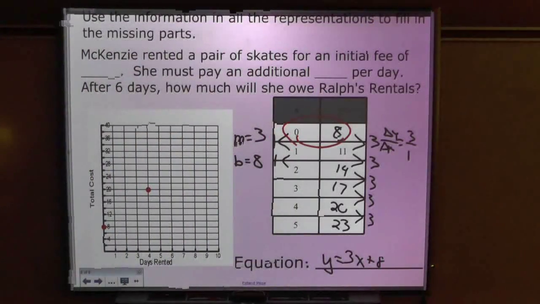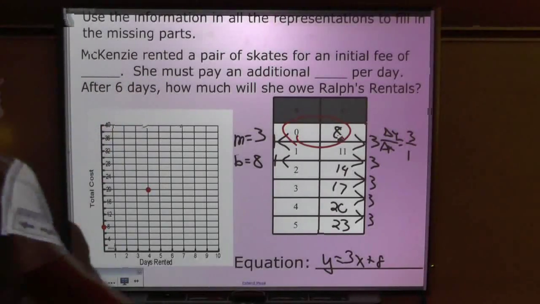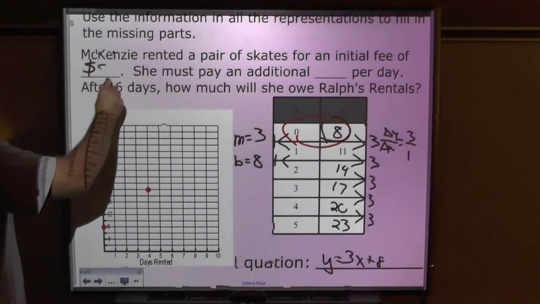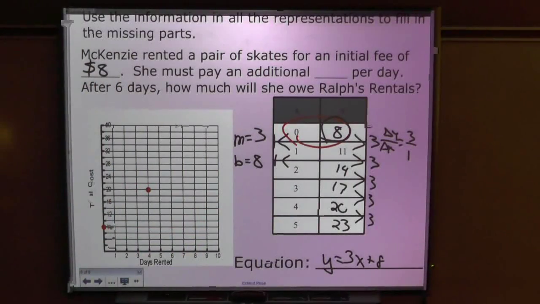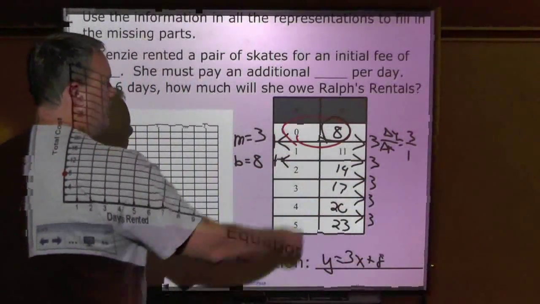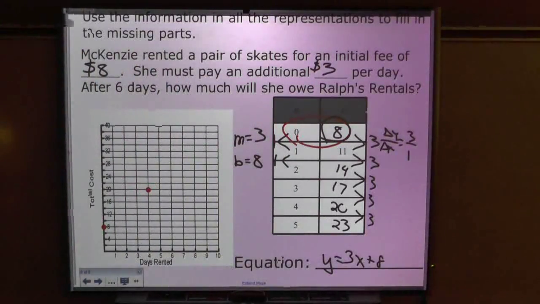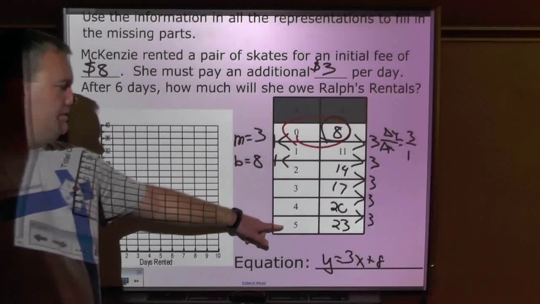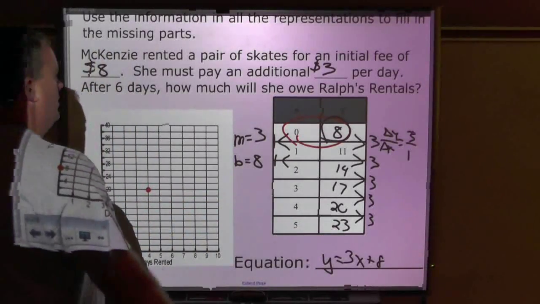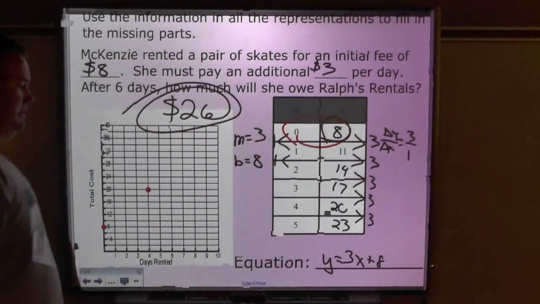Now to fill in the information, she rented a pair of skates for an initial fee of, there it is, $8. She must pay an additional, well, what's it changing by each time? It's changing by 3. So she's paying an extra $3 per day. If you want to know after 6 days, well, what are you going to do here? Add on another 3. So hopefully, you're going to say she's going to owe $26.